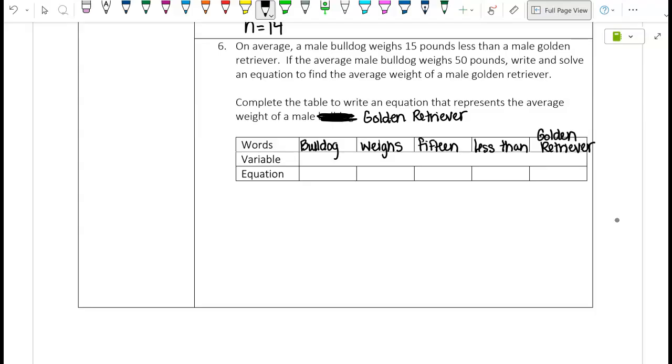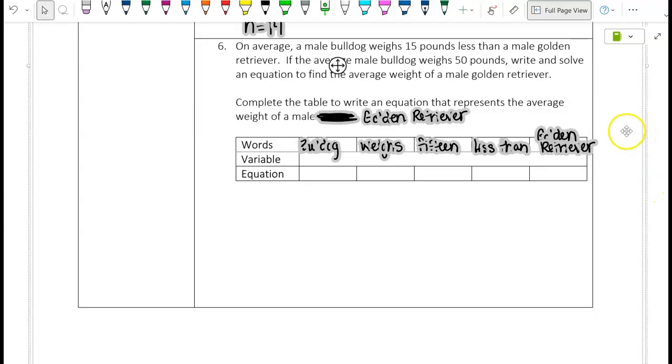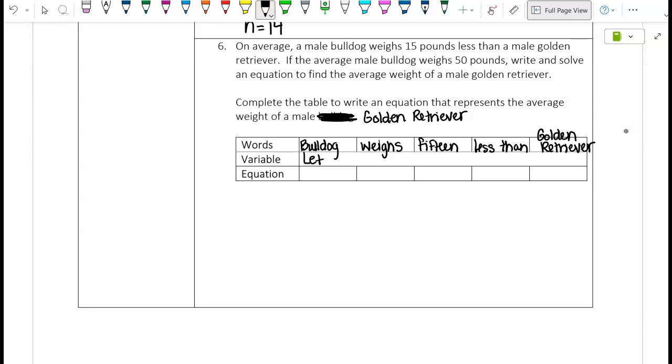We need a variable. We're talking about weight, so I'm going to say let W equal the weight of the golden retriever.